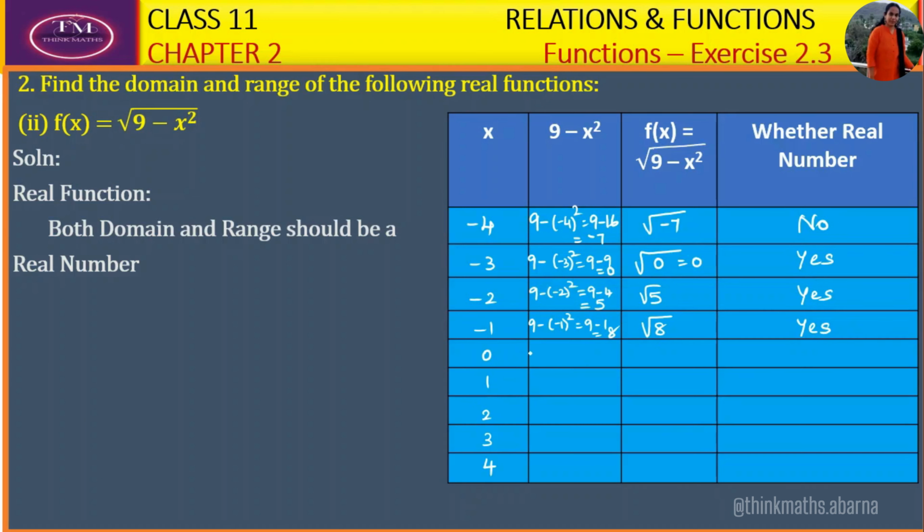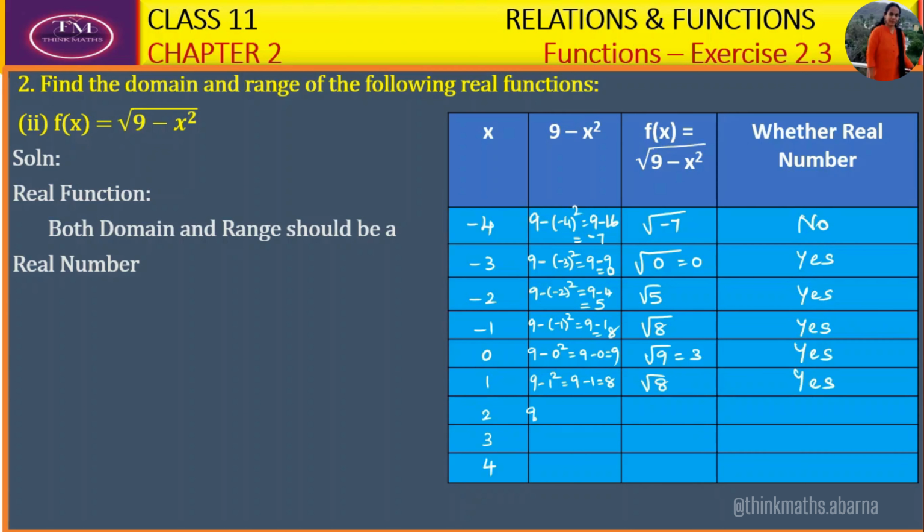Next take 0. It is 9 minus 0 square. 0 square is 0, so 9 minus 0 is 9. Square root of 9 is 3. Yes, 3 is a real number. Next, take positive 1. It is 9 minus 1 square, so 9 minus 1 is 8, so it is root 8. Root 8 is also a real number.